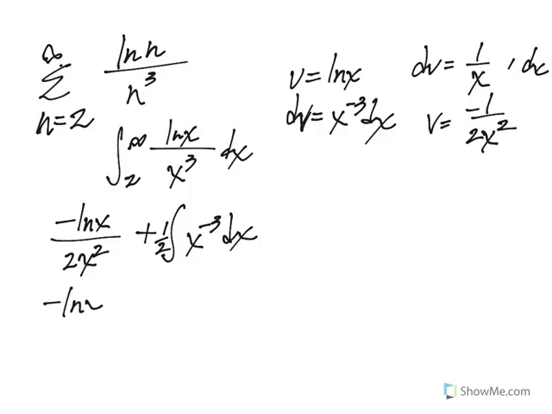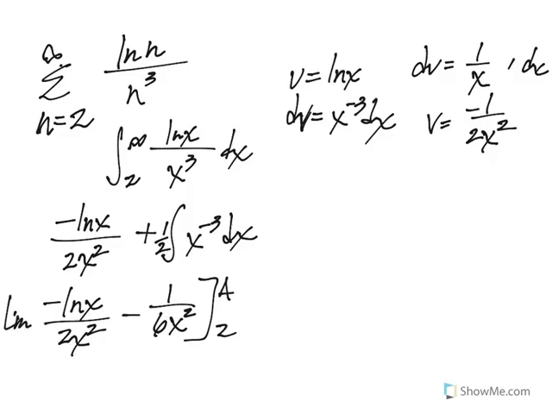This gives me the negative natural log of x all over 2x squared, minus 1 over 6x squared, and I'm going to integrate this from 2 to a, taking, of course, the limit as a goes to hugeness. And I think I've multiplied this wrong. This is actually a 4, not a 6.